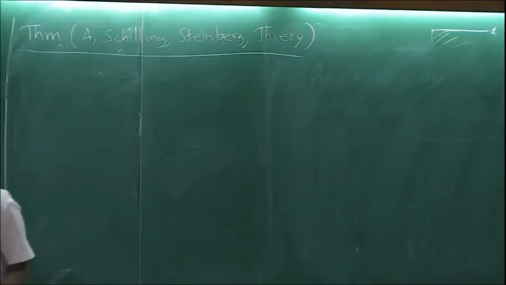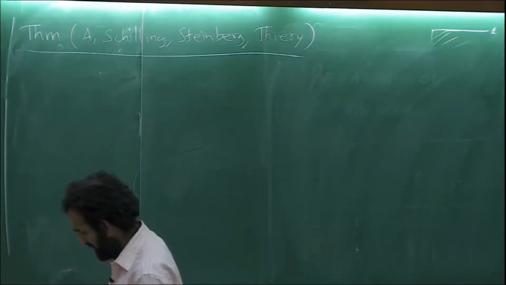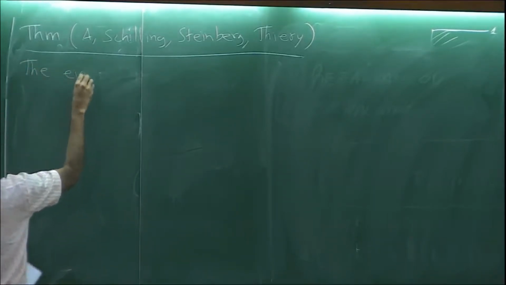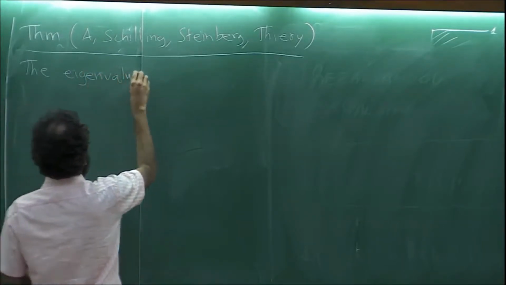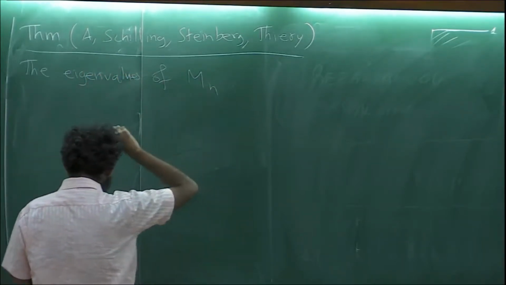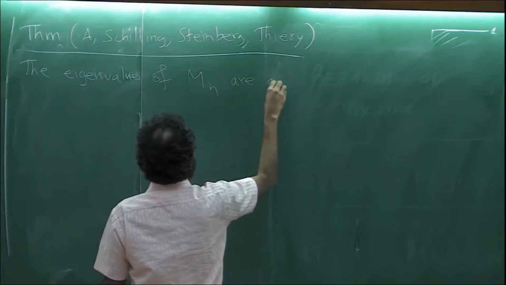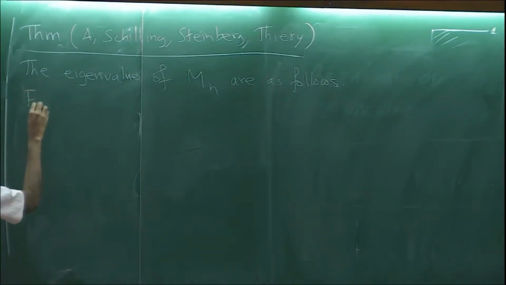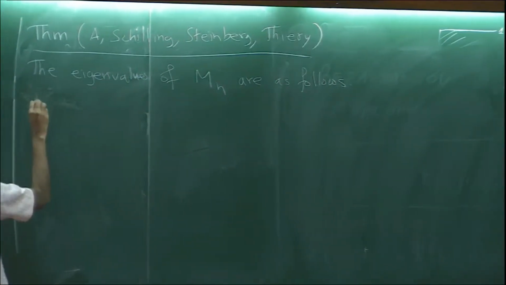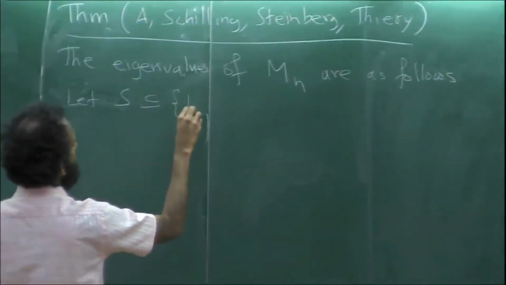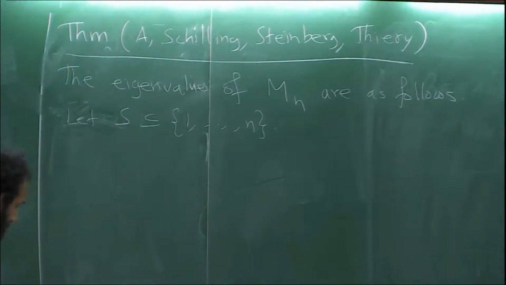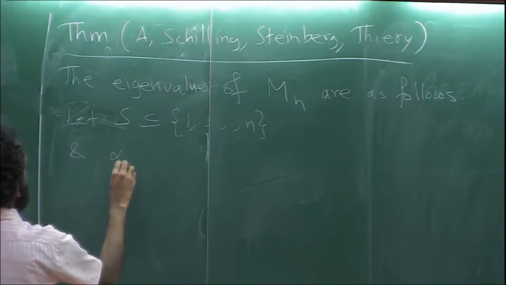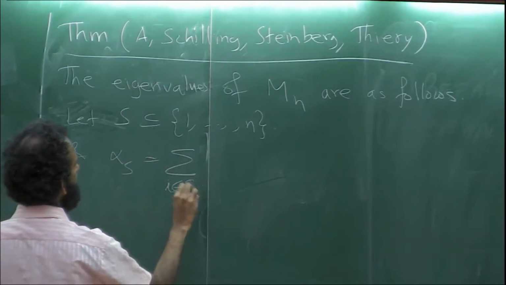So if I look at the matrix Mn, its spectrum is very explicitly described. So the eigenvalues of Mn are as follows. Let S be a subset of 1 to n, and let alpha sub s be the sum over all i in S of alpha i.